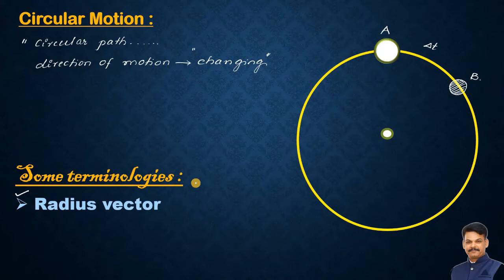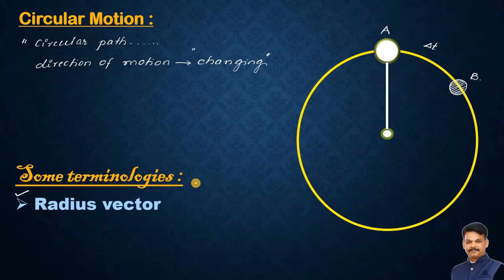So here also, in the circular motion, as the path of the object is circular, there comes a radius. So we have to consider what is that radius or radius vector. Dear students, radius vector is nothing but the distance between that fixed central point and the position of the object at that instant of time.